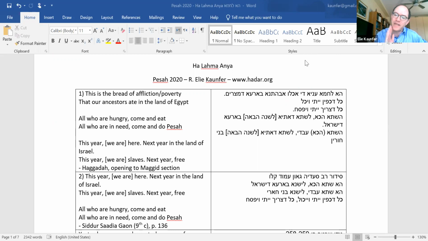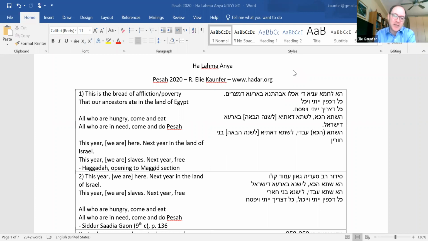So these are the three sections of Halach Ma'anya. And I want to show you that they didn't always come as a triad in the way that we have it in our Haggadah. As you'll see, each of these could be its own separate theme, its own separate issue that they're dealing with.